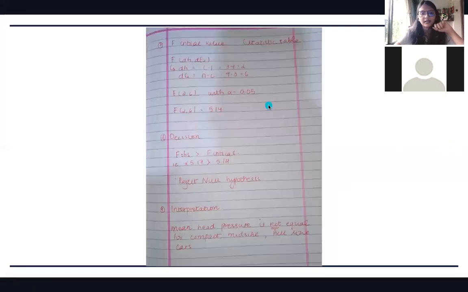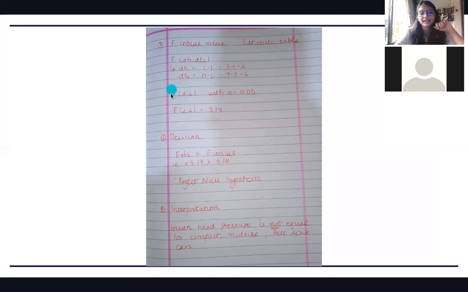Next comes your F critical value. This is something you get from the statistic table. How do you find the critical value? It is F df1 comma df2. Your df1 is C minus 1, that is number of columns minus 1, that is 2, and df2 is N minus C. Your N is the total number of data points minus C. C is your number of columns.